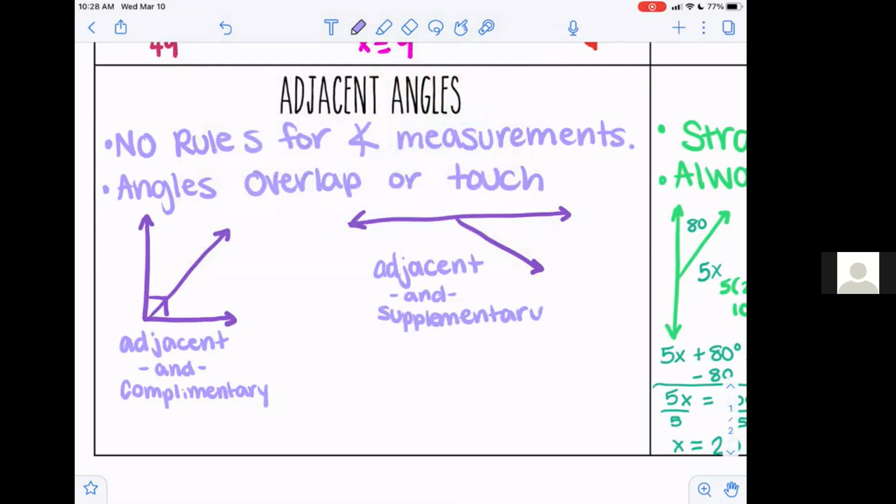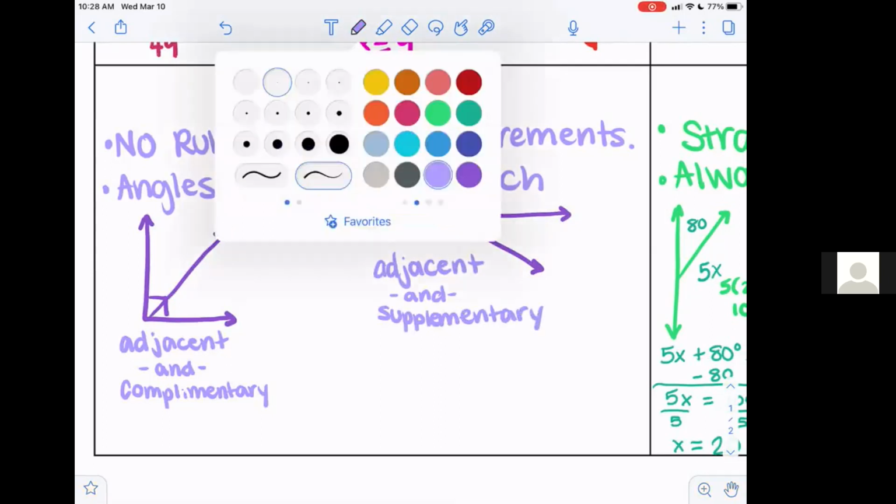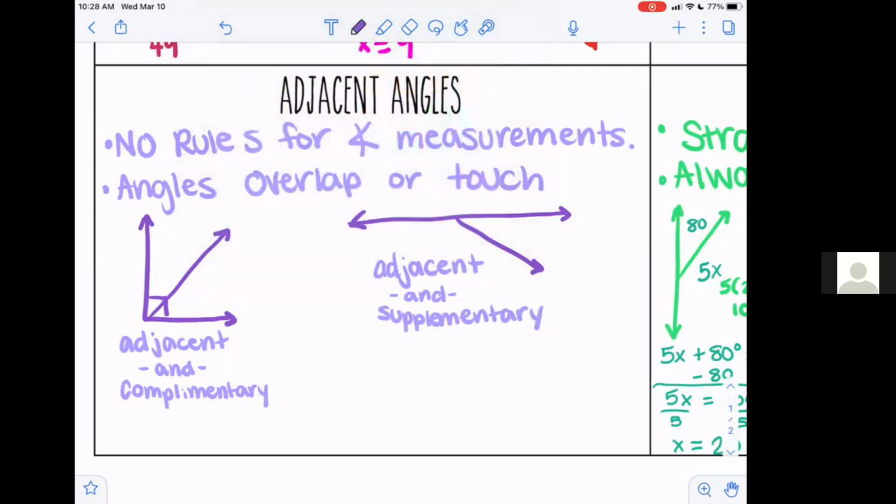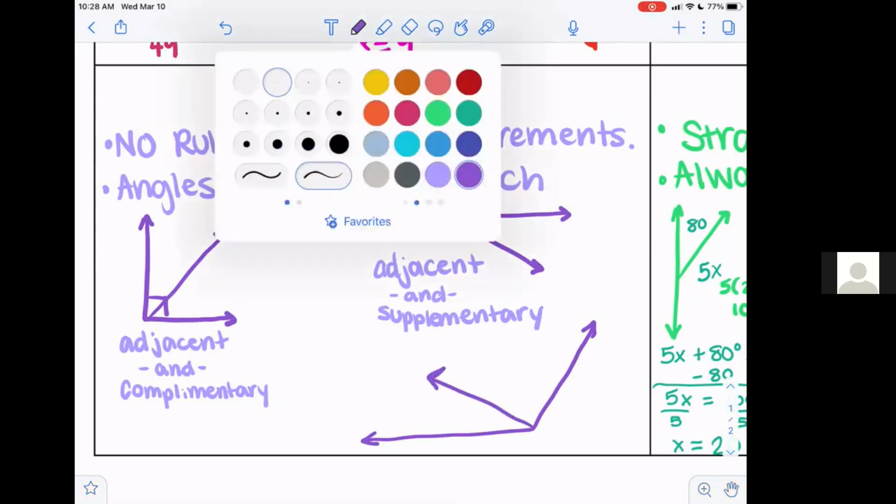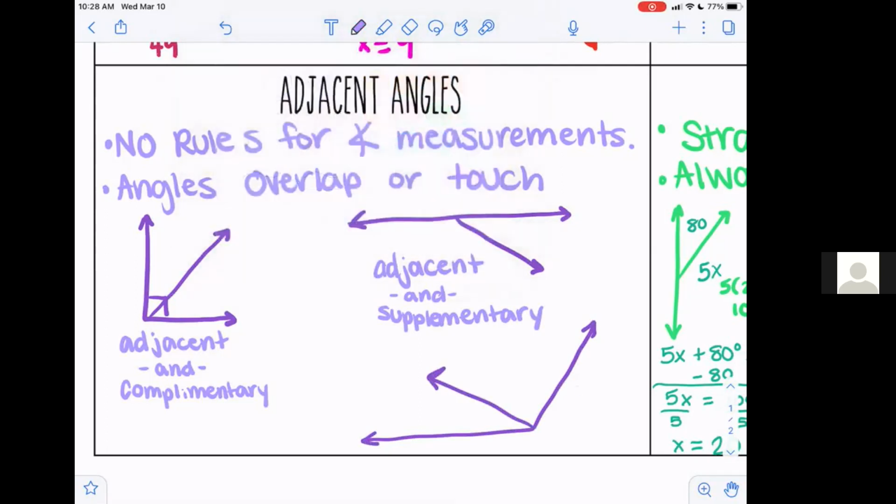It is both of them. Or we could have one that is just adjacent, where it's a shape like this. It's not a right angle, it's not a straight angle, but it still has a shared ray. This particular one down here at the bottom would be just adjacent.